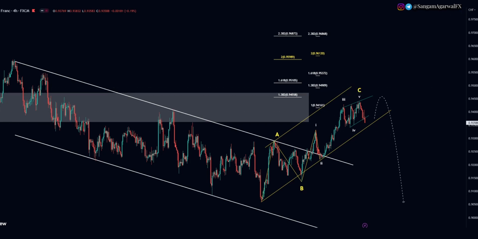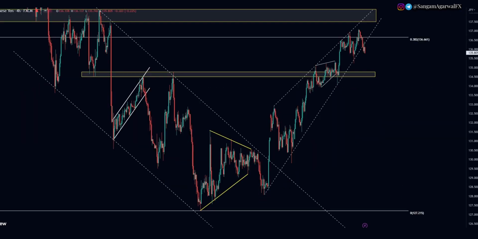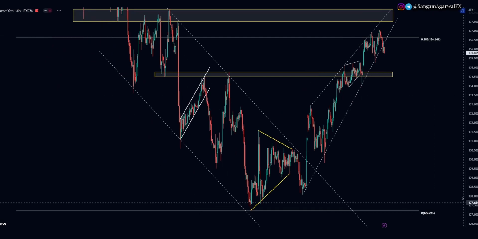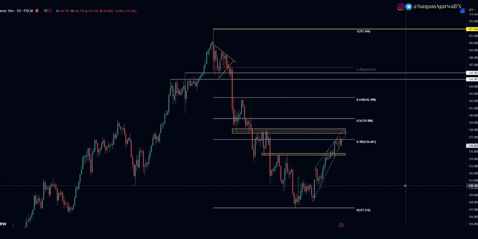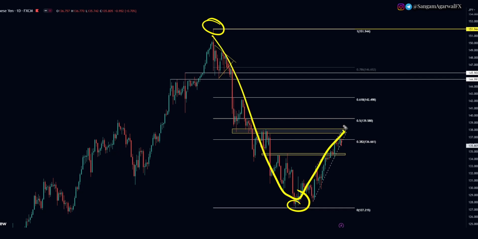And if you see one more pair, USDJPY, if you see the daily time frame, then from top to bottom the 38% retracement is done. So DXY is not giving a clear signal, but these currency pairs like USDCHF and USDJPY are giving an almost clear signal.